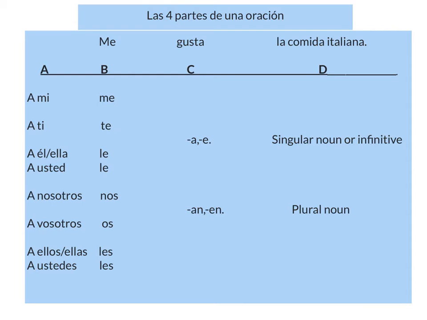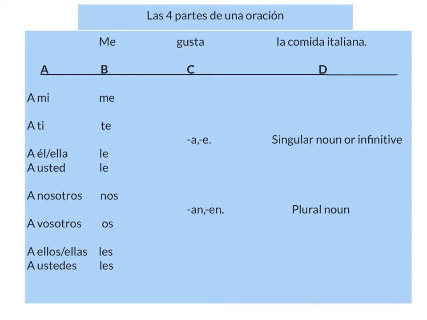But before we do that, I want to draw your attention to the example sentence that we started with at the beginning of our lesson. Me gusta la comida italiana. Now, this sentence has three major parts to it. We're going to talk about four key parts of a sentence on this slide, and I'll explain why our example one has only three parts.